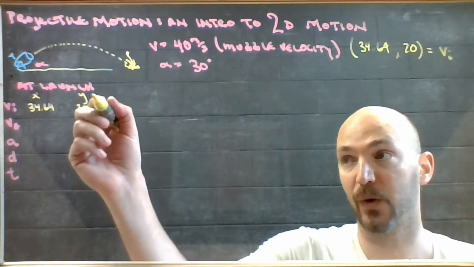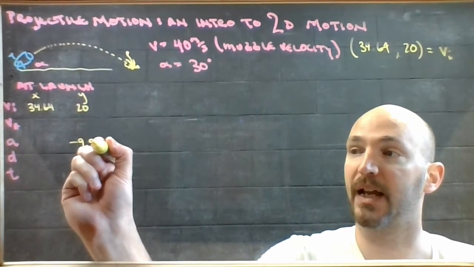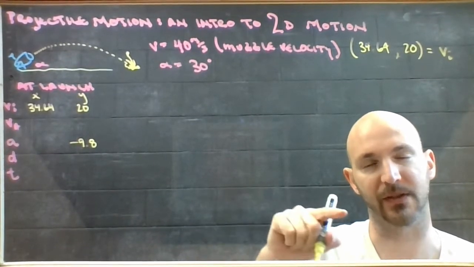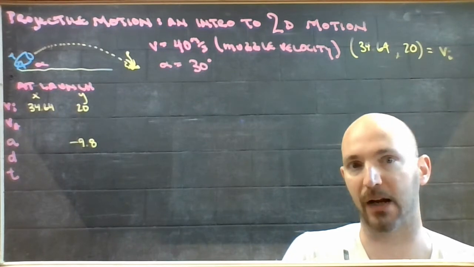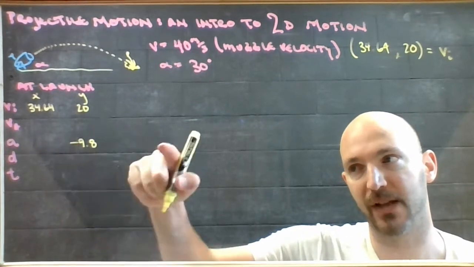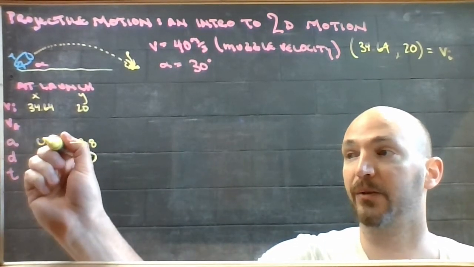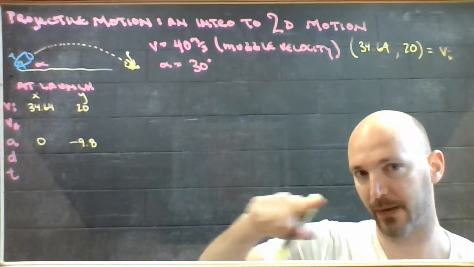So in the vertical direction, I should have an acceleration of negative 9.8. In the horizontal direction, however, gravity doesn't push you forwards and it doesn't pull you backwards. It only pulls you down. So the acceleration as far as horizontal is concerned will be 0, because gravity is neither speeding you up or slowing you down this way.